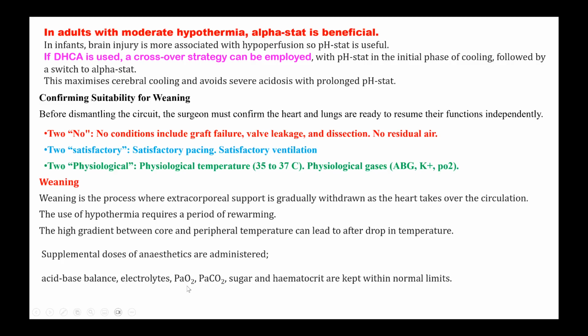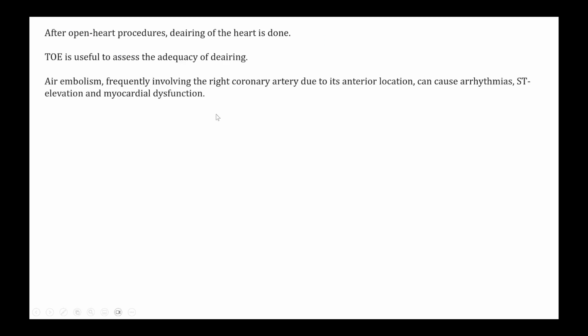Acid-base balance, electrolytes, PaO2, PCO2, sugar, and hematocrit are kept within normal limits by testing them. Serum potassium of 4.5 to 5 millimoles per liter is targeted to prevent arrhythmias. After open heart procedures, de-airing of the heart is done, and for this, esophageal echocardiogram is useful to assess the adequacy of removal of air.